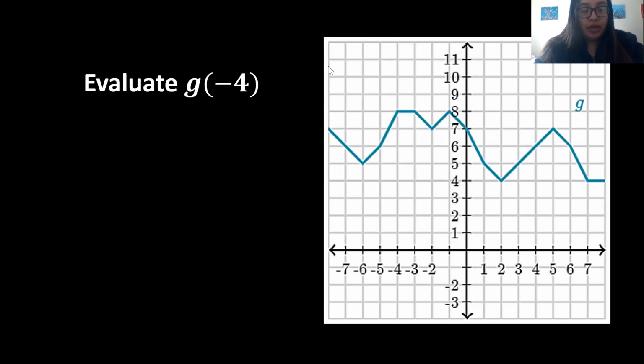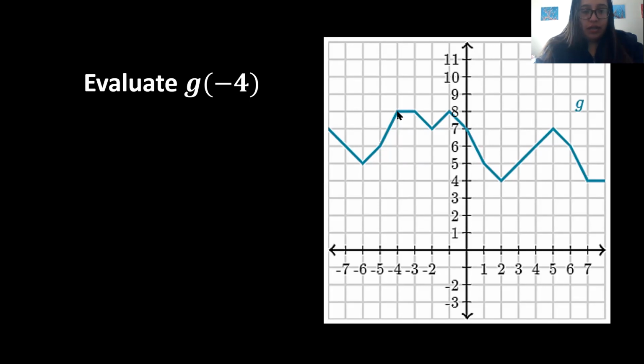Brandon, waiting on you. I think it is 8. Beautiful. So G, say it all together. G of -4 equals 8. Beautiful. Very nice, Brandon. Good job.